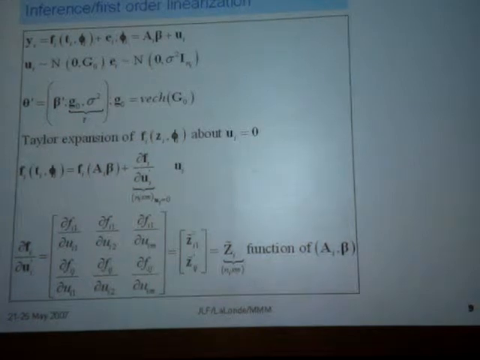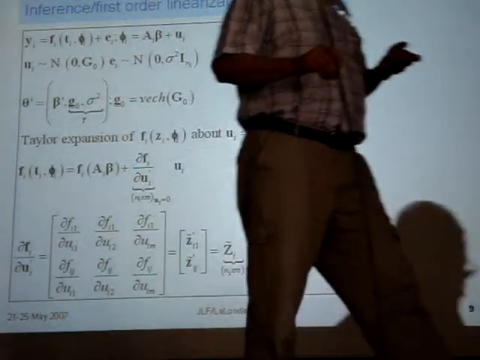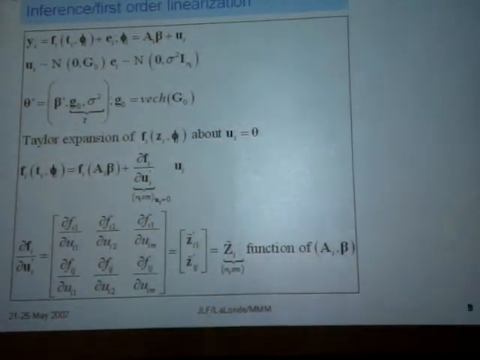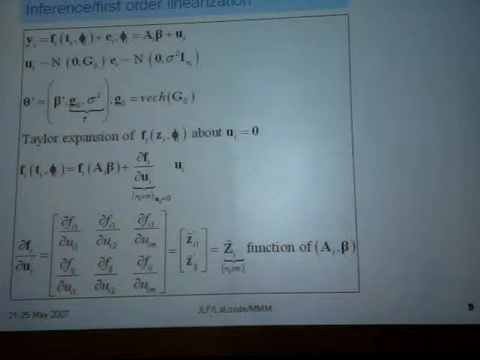Next. So that's all for the model. Now we'll enter the tricky inference, and in fact we'll suffer more describing the approximation than describing the exact methods. So we'll start with the first order linearization.